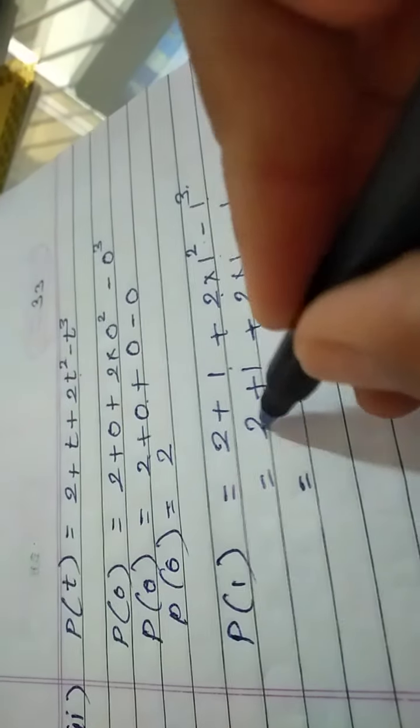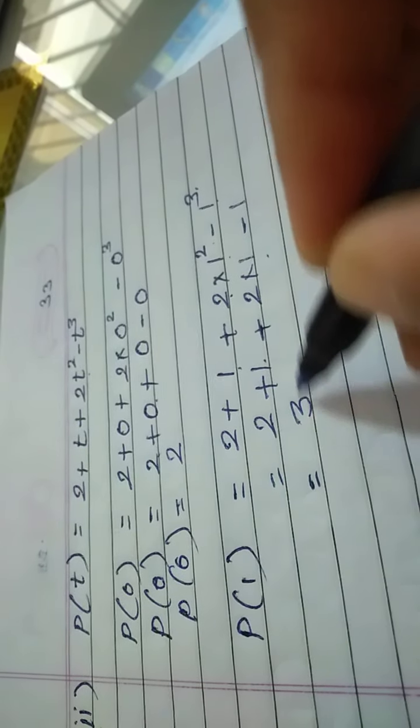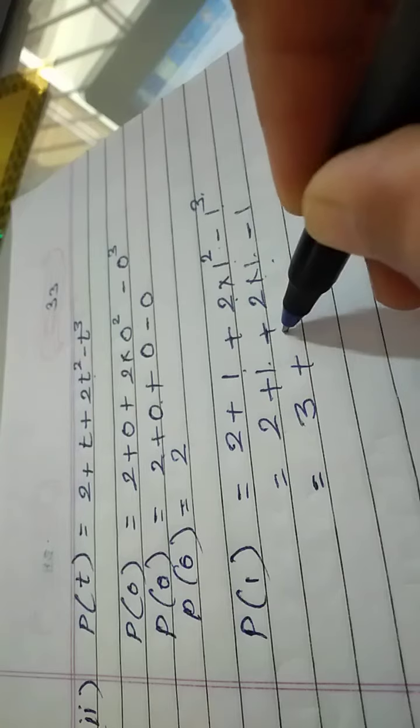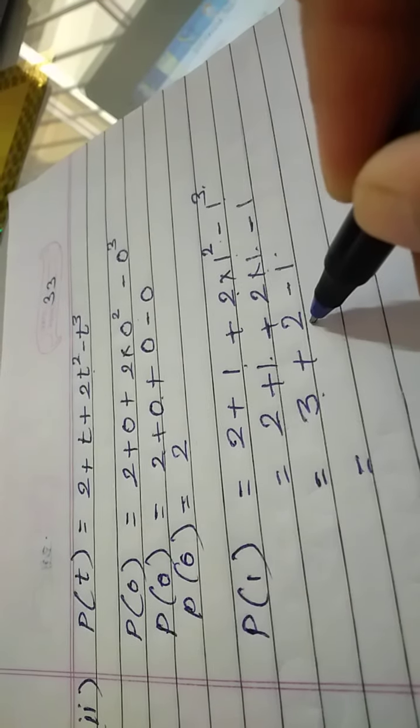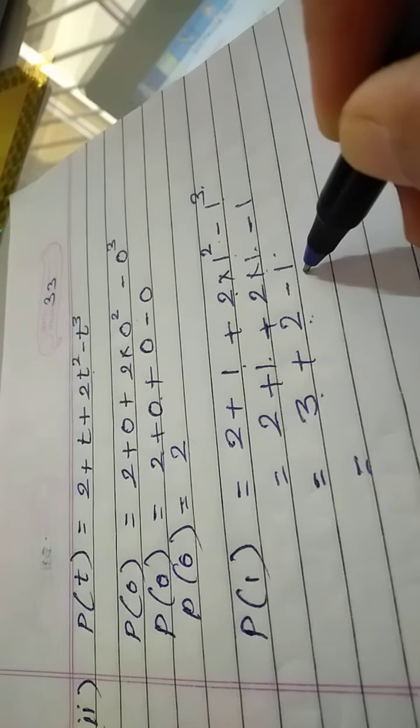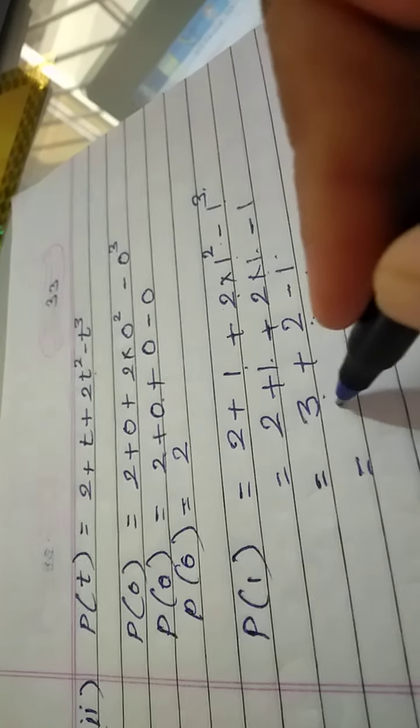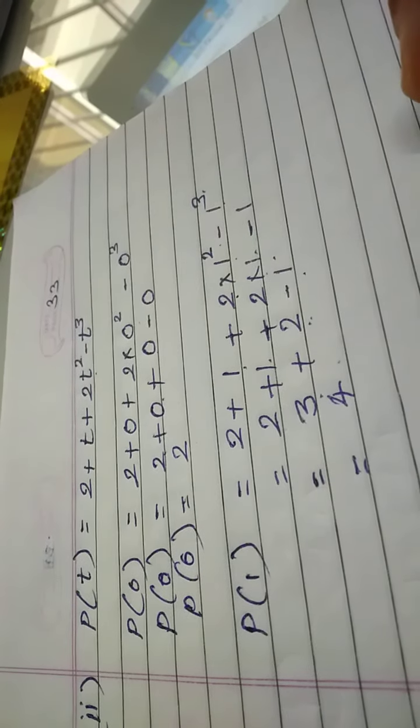So 2 plus 1 is 3 plus 2 into 1 is 2, minus 1, is equal to 3 plus 2 is 5, 5 minus 1 is 4. So we got P of 1 also. Now we have to find out P of 2.